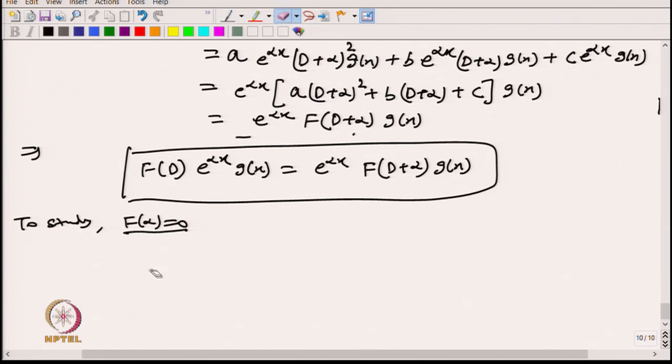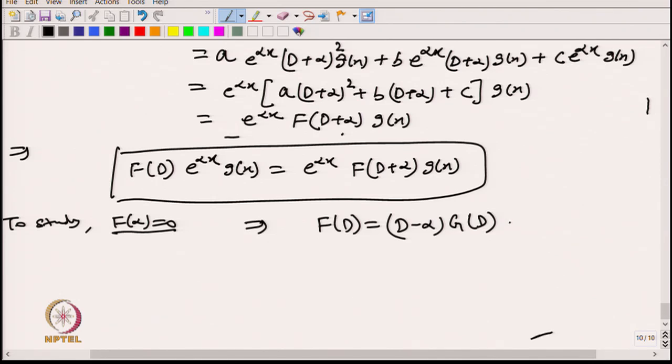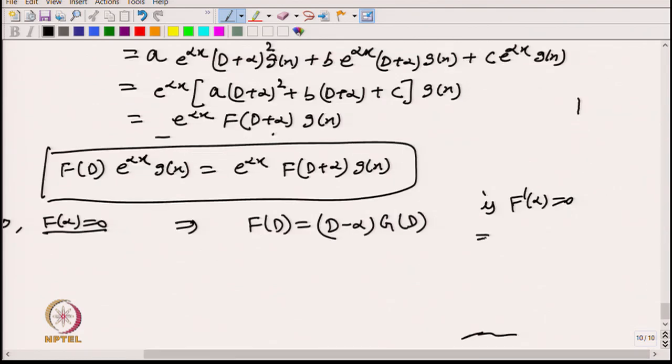So, now see that f of alpha equal to 0 implies that my f d would be of the form d minus alpha into some function, I call it g d, because in this case we are dealing with a quadratic. Or it may happen that f dash alpha is also 0. So, if f dash alpha is also 0, in that case my f d will be (d minus alpha) squared.